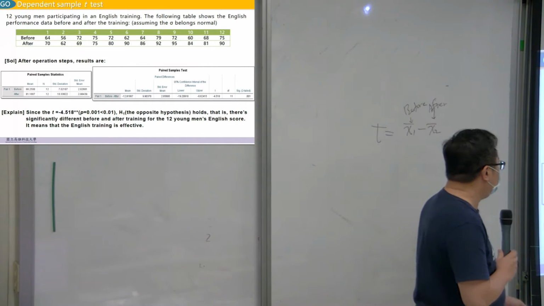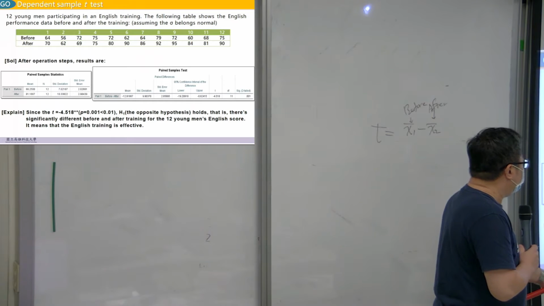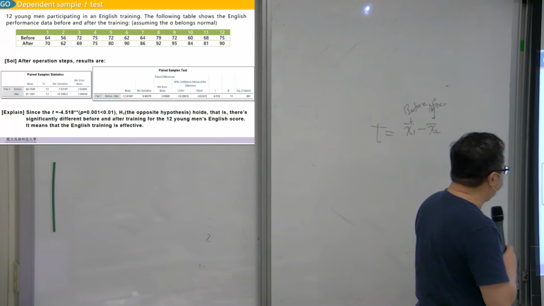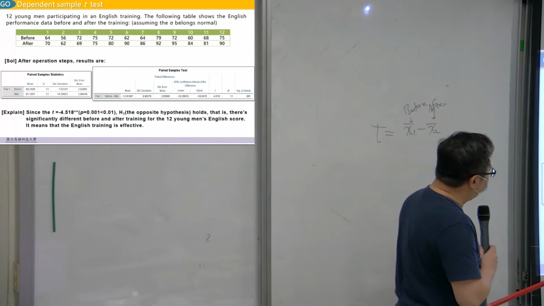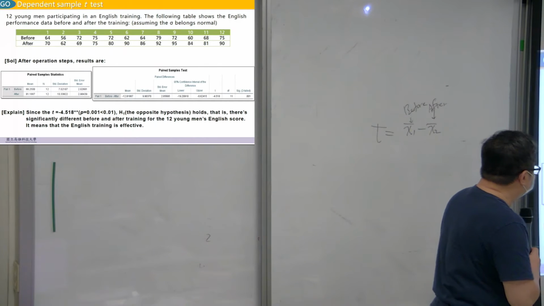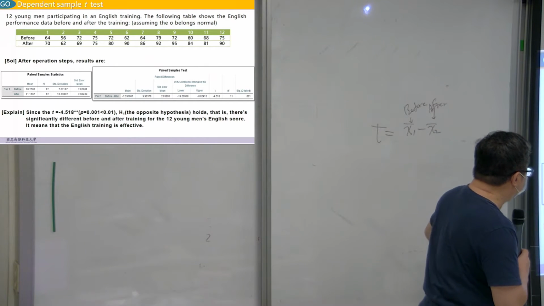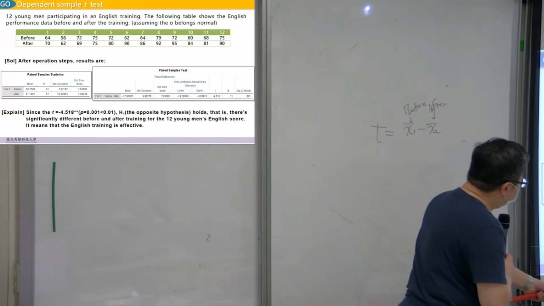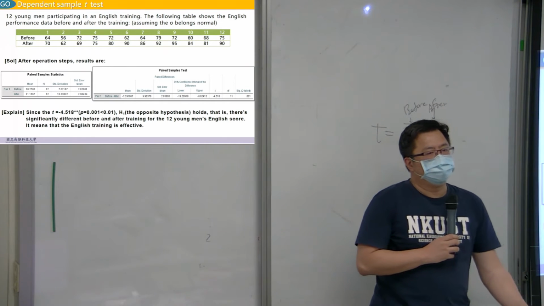So we accept the H1, the alternative hypothesis is accepted. That means there is a significant difference before and after training for the 12 young people for their English score. That means the English training is effective, right?